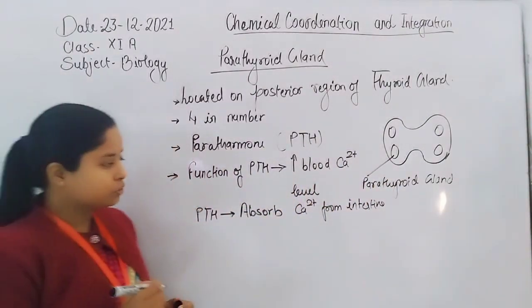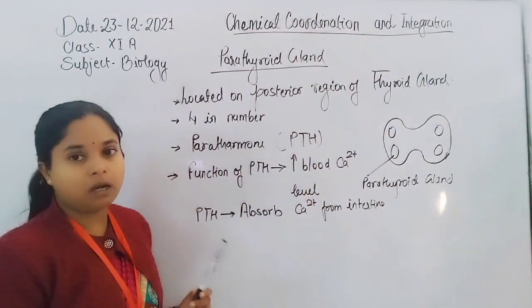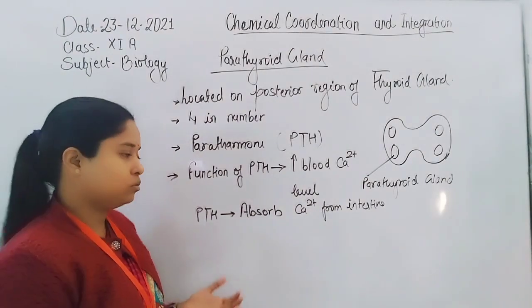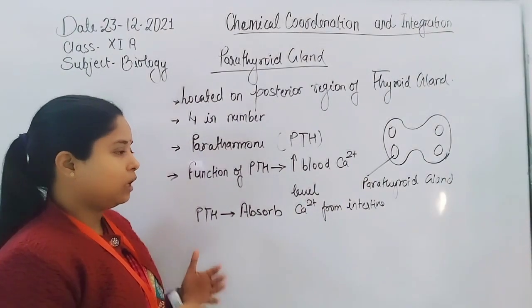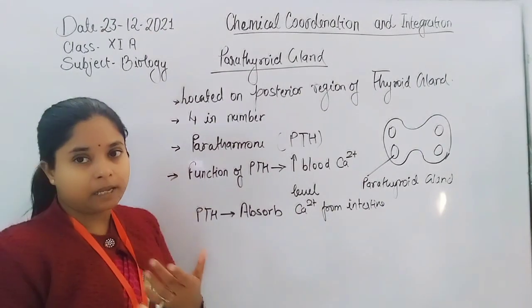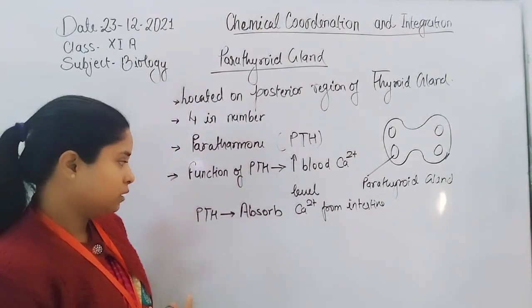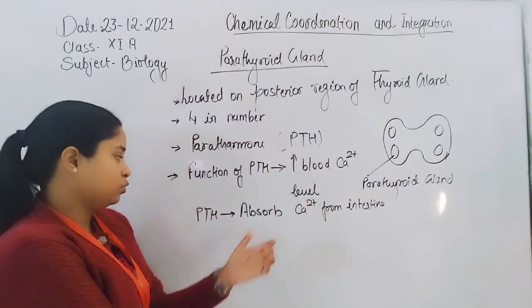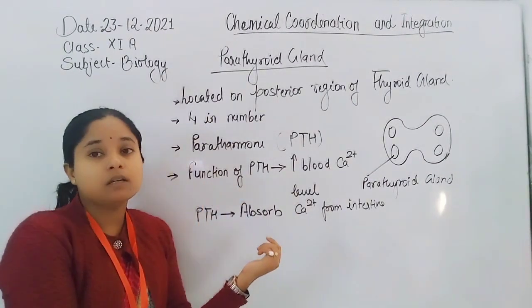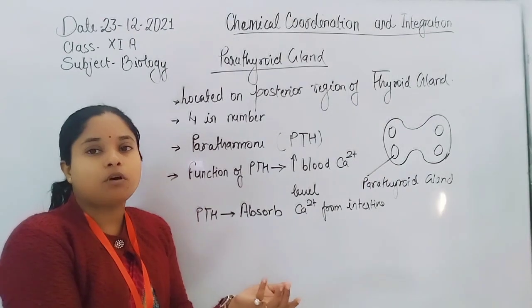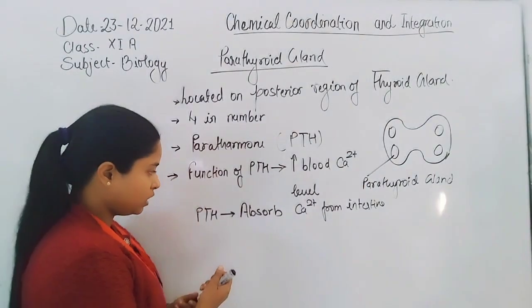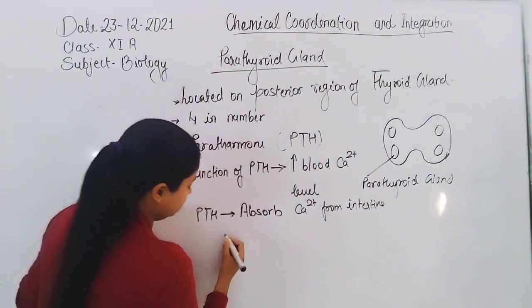When we take calcium ion in our diet, after digestion all the calcium is absorbed from the intestine with the help of PTH. So PTH also works on the intestine for the absorption of calcium ion, thereby increasing the blood calcium level.